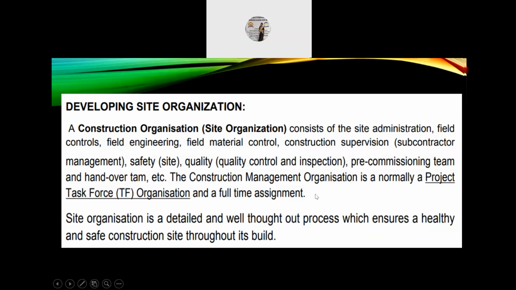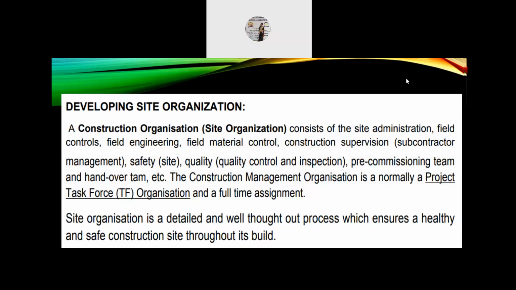The next topic is developing site organization. A construction organization, that is a site organization, consists of the site administration, field controls, field engineering, field material control, construction supervision, and construction supervision includes the subcontractor management, safety of the site, quality control and inspection, pre-commissioning team and handover team, etc. The construction management organization is normally a project task force, abbreviated as TF organization, and it is a full-time assignment.